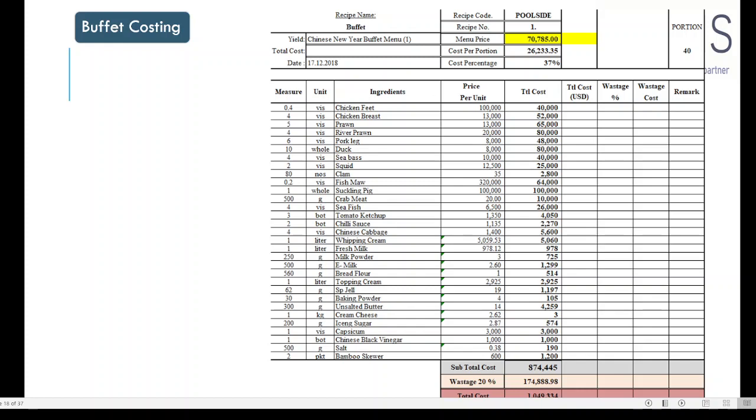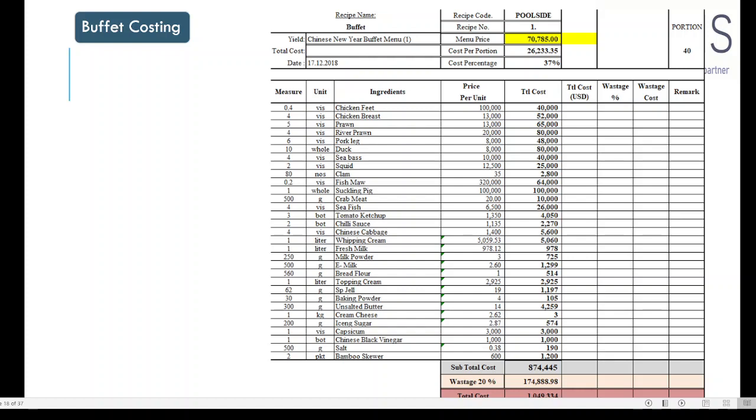So not individual. Sometimes they can do the recipe for each individual item they are putting into the buffet, and then based on the portions, cost control can calculate automatically. Sometimes they don't give individual recipe items for individual buffet items, right? They give one market list for the entire buffet at once. So they don't really give the individual details.